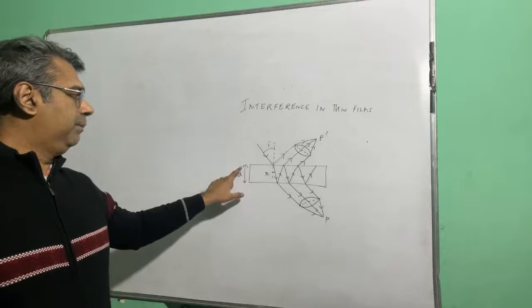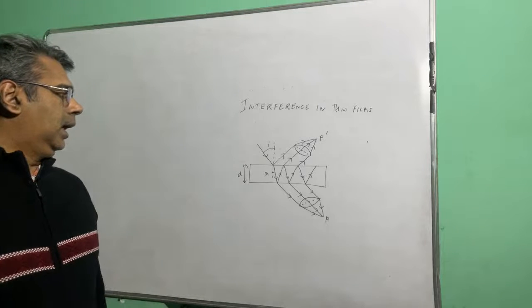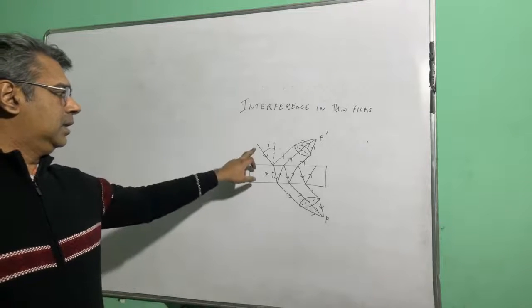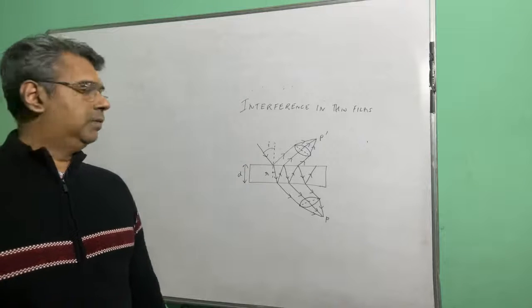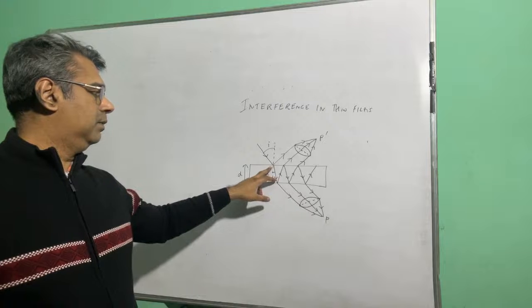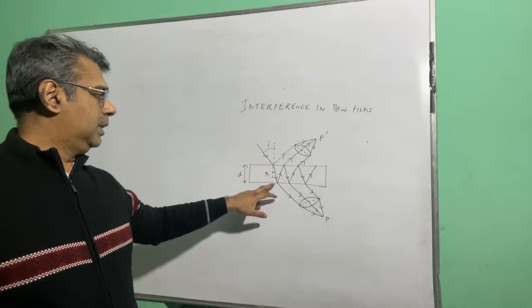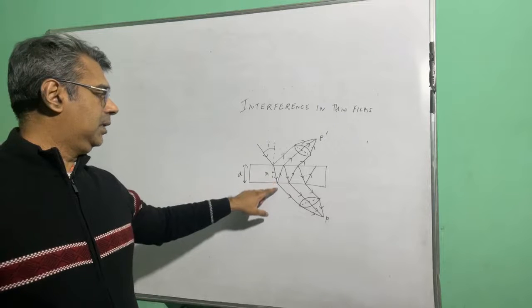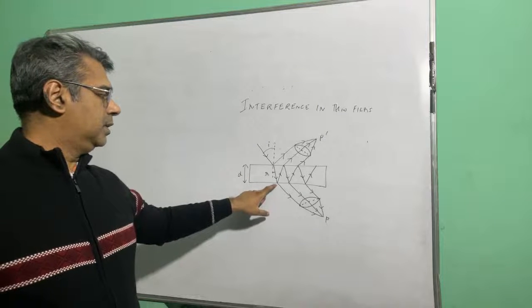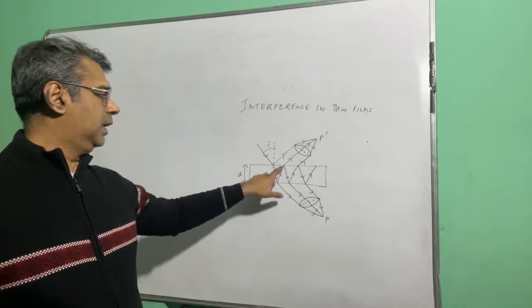So basically this small d is a thin film, and this is the incident ray that is entering the thin film. After it strikes the thin film, it can either reflect or get transmitted and go inside. When it reaches the opposite end, it can transmit and come outside, or reflect and go back.